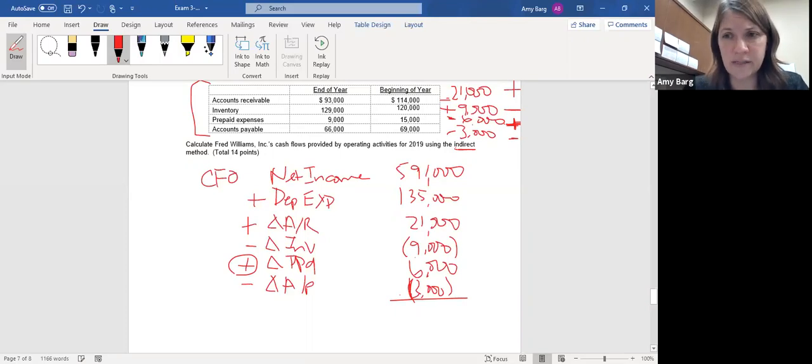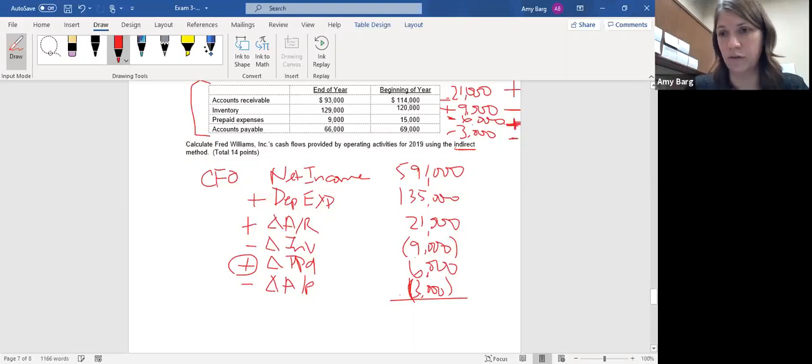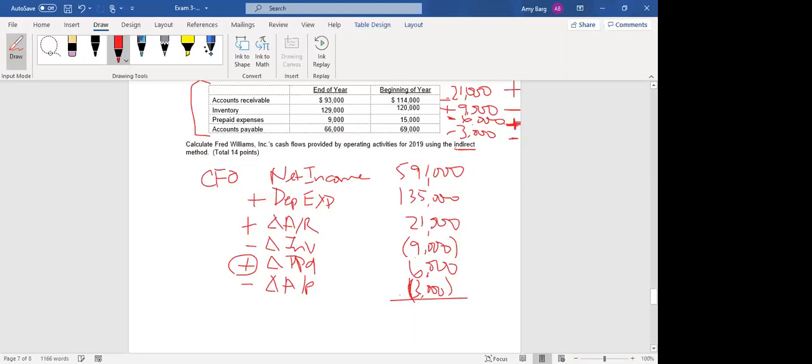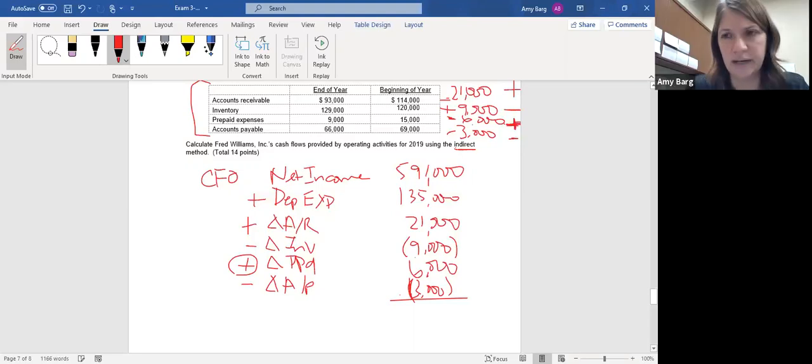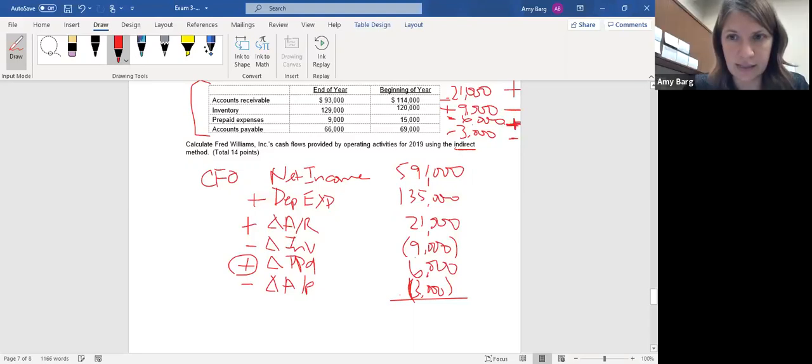Prepaid expenses are our current asset, right? We prepaid our rent, and so we paid it at the beginning of the year, and so now that's an asset that we get to use up over the course of the next year. It says expenses, but it's a prepaid expense, and so it's a current asset. And accounts receivable is a current asset too, yes.